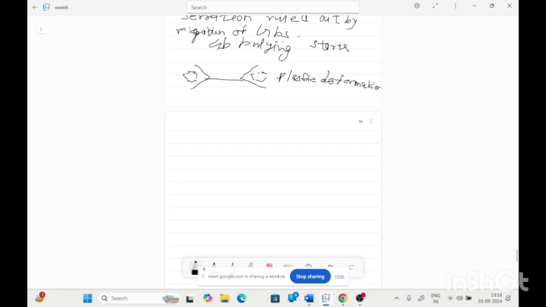Plastic deformation occurs at the grain boundary because dislocations accumulate near the grain boundaries and apply force, increasing the stress concentration at this point. So due to the stress concentration, the plastic deformation happens near the grain boundaries.